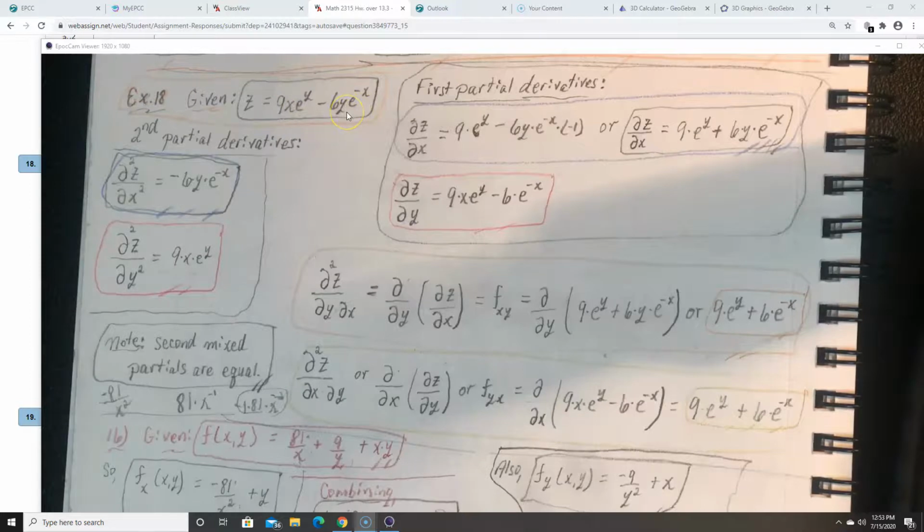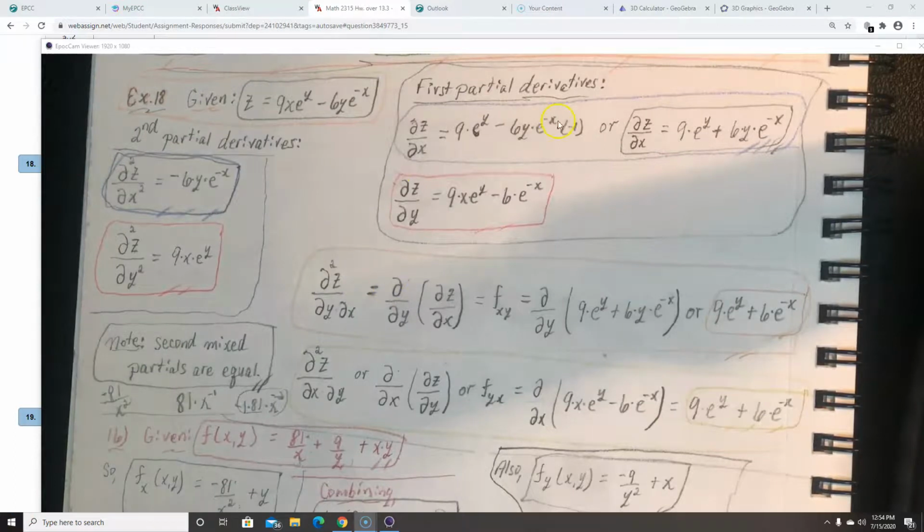And the derivative of the second term, the negative 6 times y times e to the negative x: the 6 is a multiplied constant, the e to the negative x is a multiplied constant, and the derivative of y with respect to y is 1. So we get negative 6 times 1 times e to the negative x, which is negative 6 times e to the negative x. So there are our first partial derivatives, one with respect to x and the other with respect to y. I hope that makes sense, everyone.